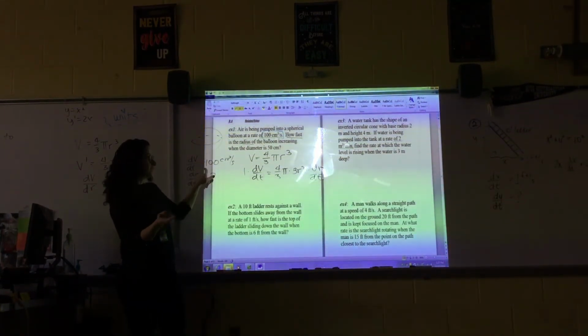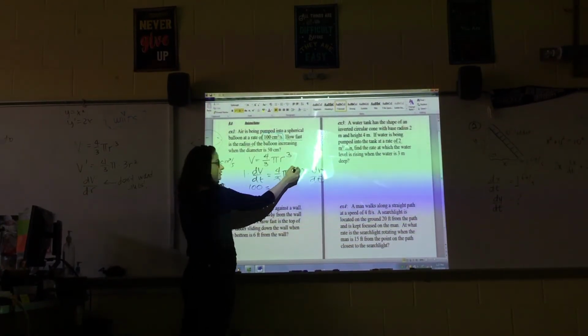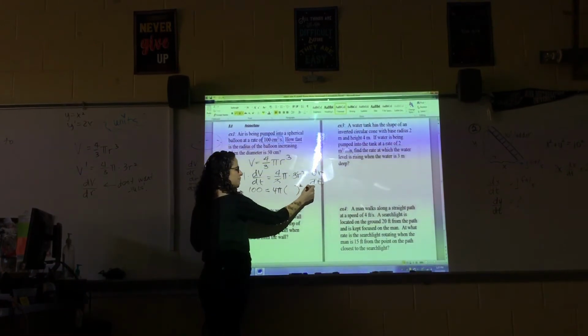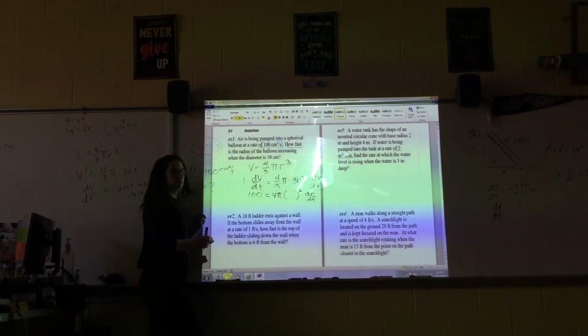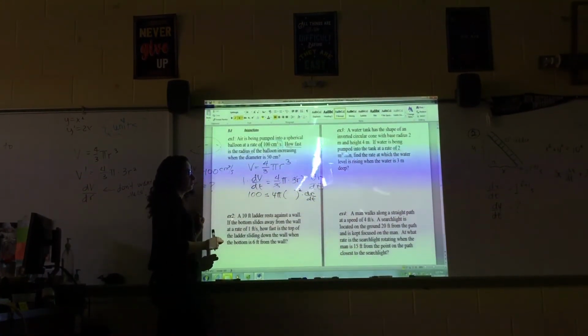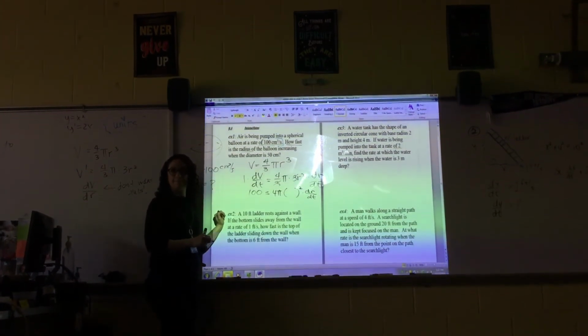Okay, dV dt we have labeled as 100. My 3's can divide out, and I have 4 pi times r squared. The dr dt is my unknown, so I want to keep that in there. But I'm going to put in an r here. What can I put in for r? D over 2.